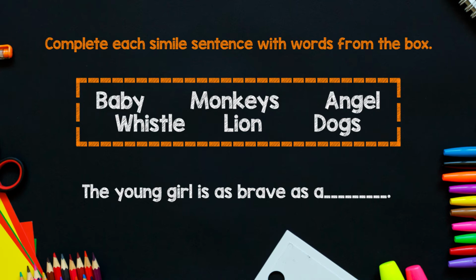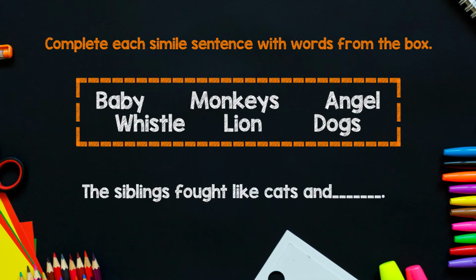Which word is suitable for this simile? I'm sure you have, the girl is as brave as a lion, since as brave as a lion is the correct simile.